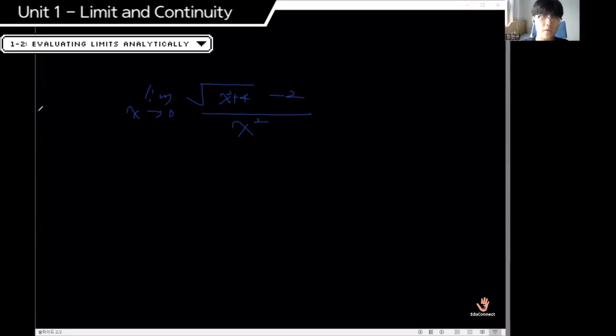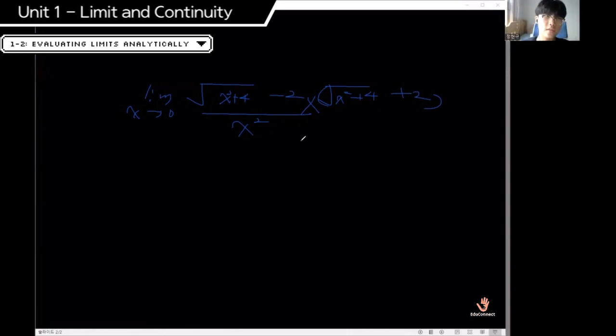The next method we're going to learn about is called rationalizing the numerator. Rationalizing the numerator is when you multiply the numerator by the same expression, except that you change the operation between the square root and the constant term. In this case, we're going to multiply the numerator by square root x squared plus 4 plus 2.